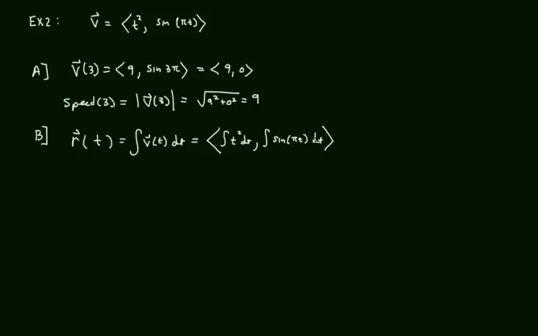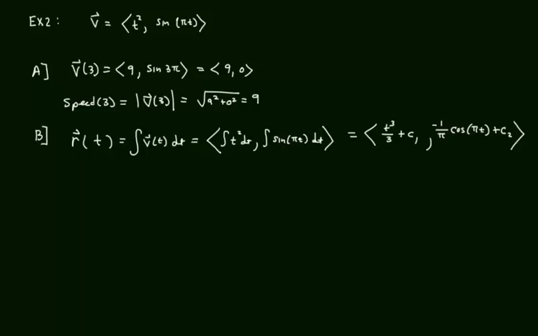Now when I do that integration, I will get some constants of integration. I will get t cubed over 3 plus c1, and then in the y I'll get negative 1 over pi, use substitution, cosine of pi t plus a different constant of integration, c2.